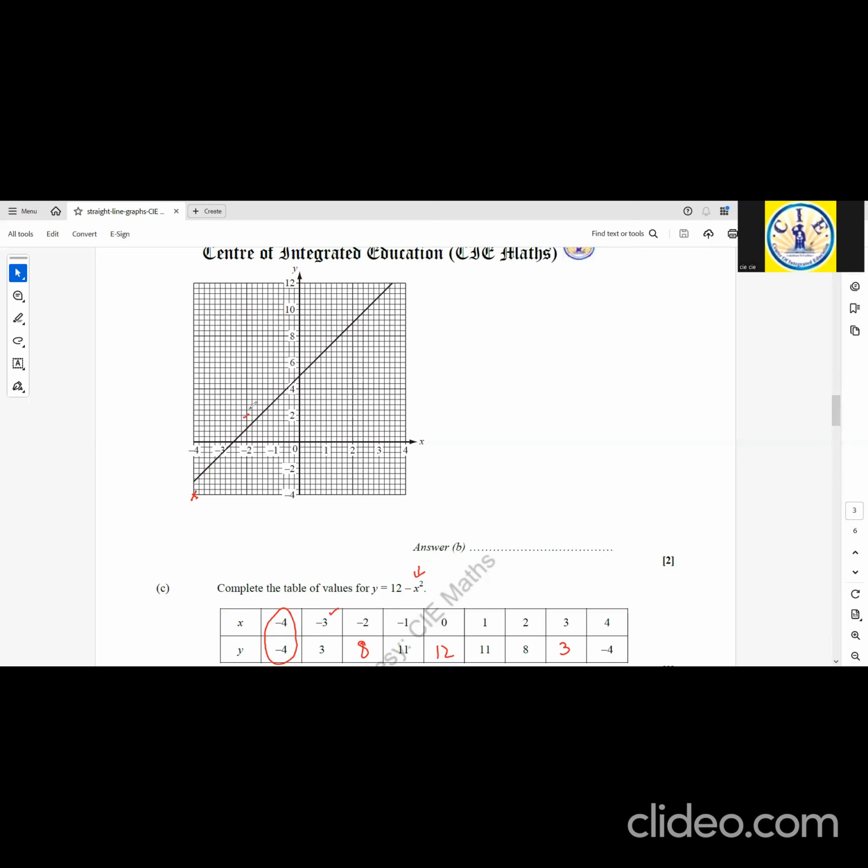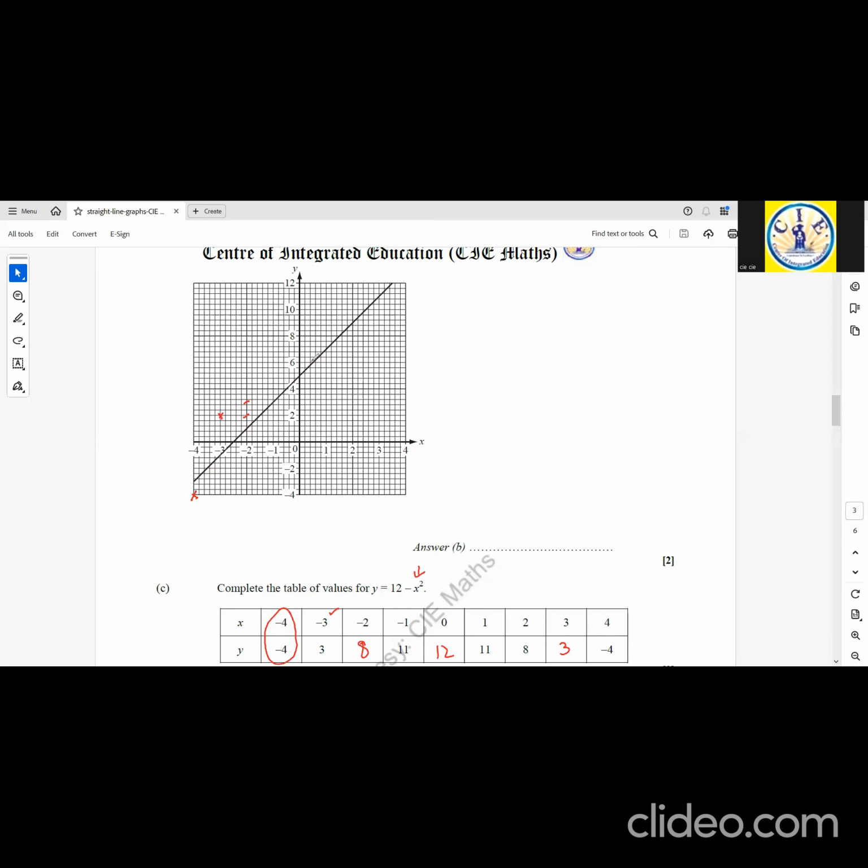This is 2. So this is 3, but that corresponds to -3. So this is the second point.